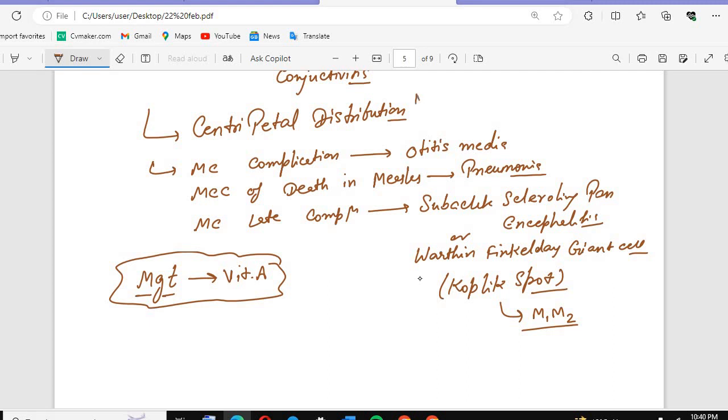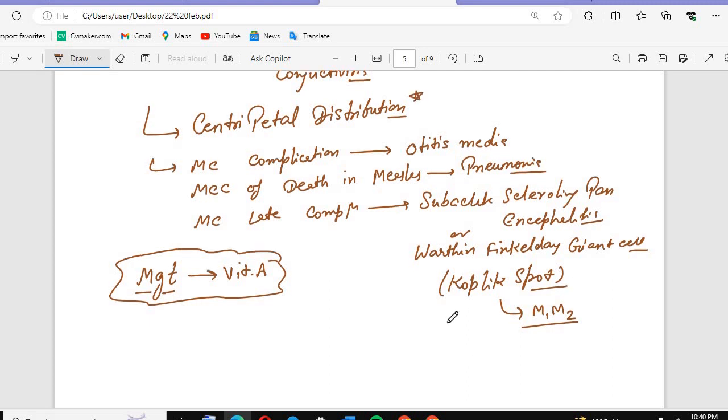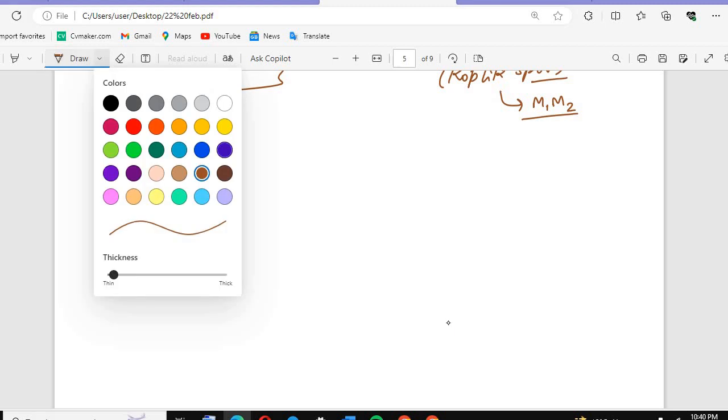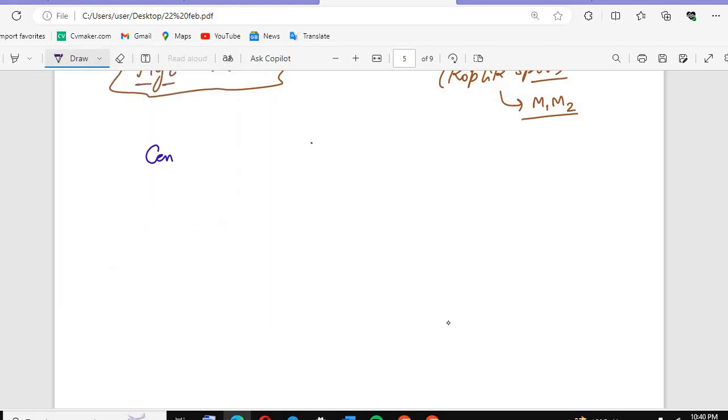Now let's see what is centripetal and what is centrifugal before going to the next part. We have one condition that is centripetal, and another condition that is centrifugal. This is very easy to remember.